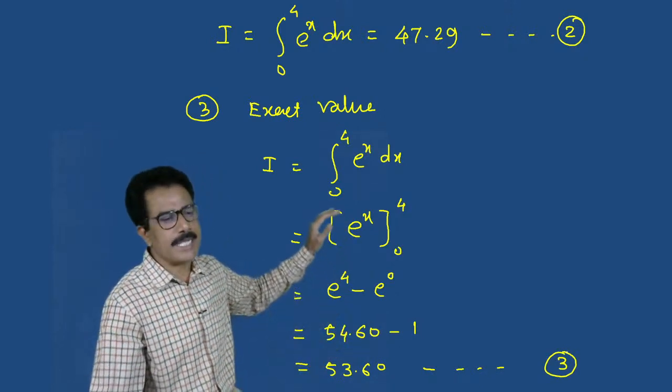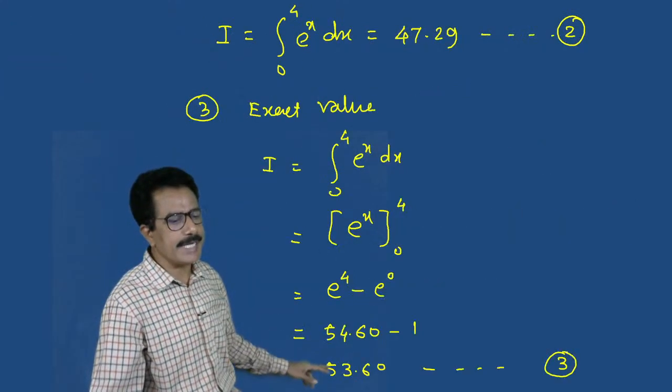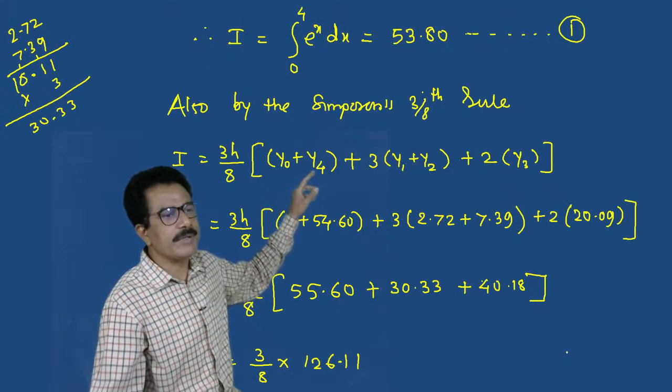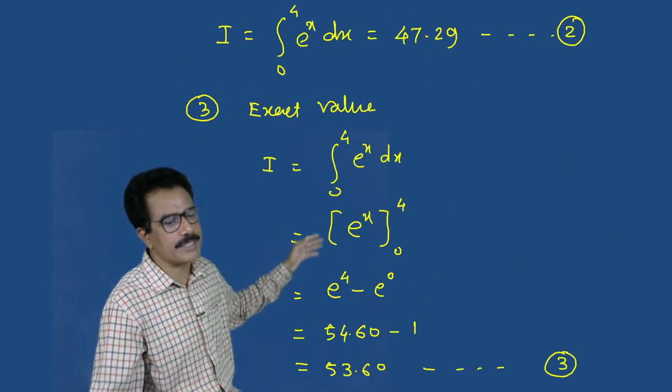Now tell me your conclusion, students. This is the exact value, and which gives the more accurate value: Simpson's 1/3 rule or Simpson's 3/8 rule?